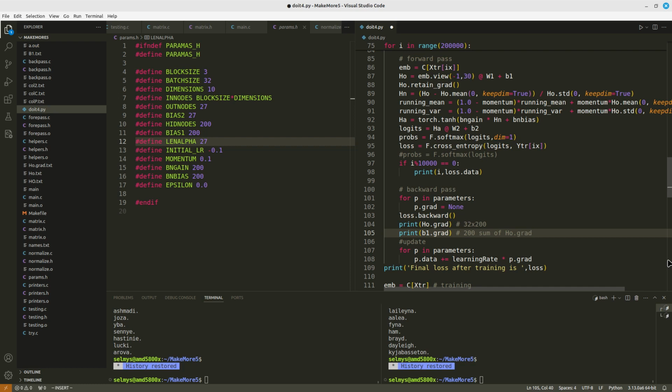gradients. So instead of printing this out here, which is going to be too much information, I'll comment that guy out.